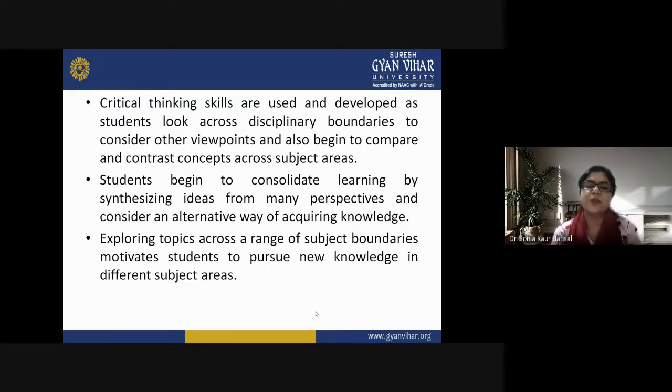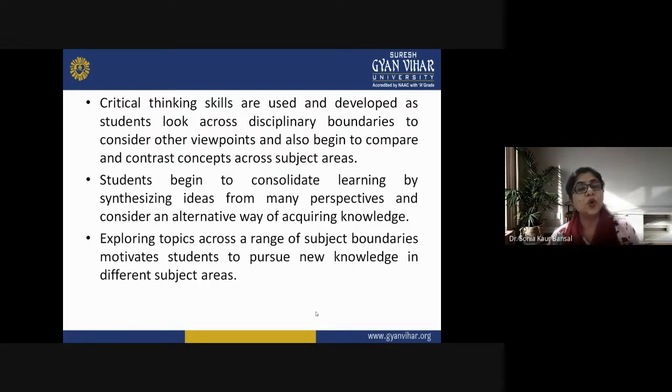Students begin to consolidate learning by synthesizing ideas from many perspectives, and consider an alternative way of acquiring knowledge too. Exploring topics across a range of subject boundaries motivates students to pursue new knowledge in different subject areas. So explore topics in that way, so that you are enhancing the range of your subject boundaries.